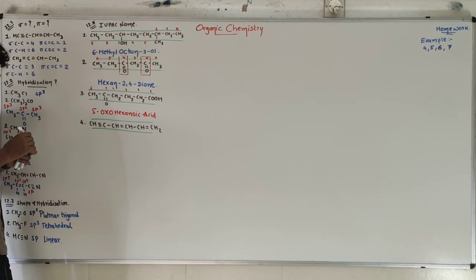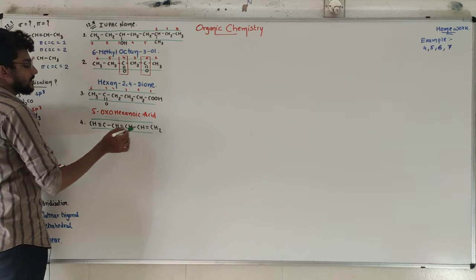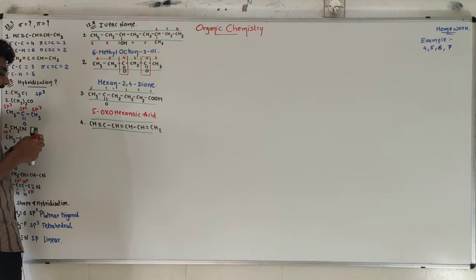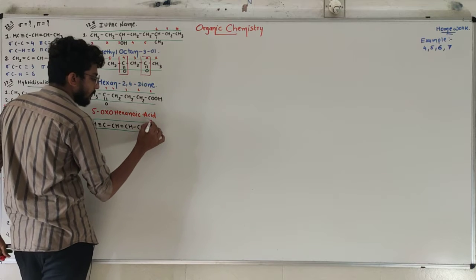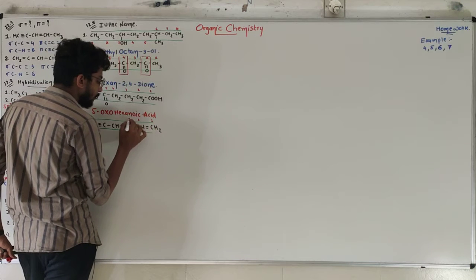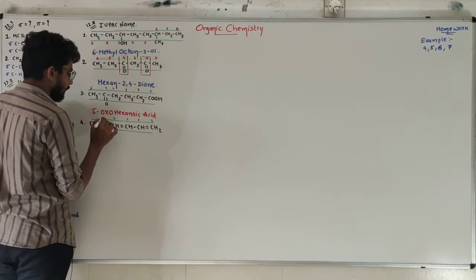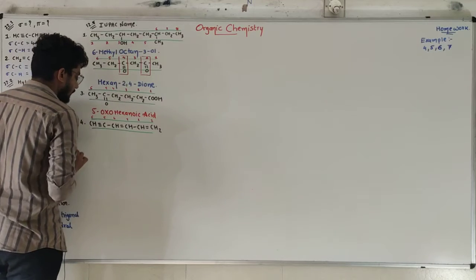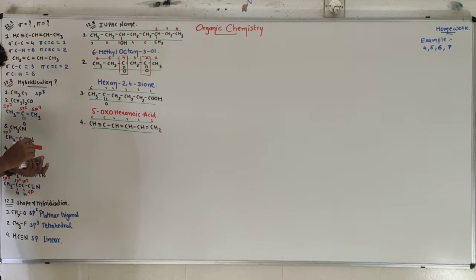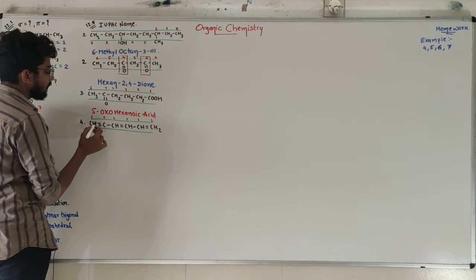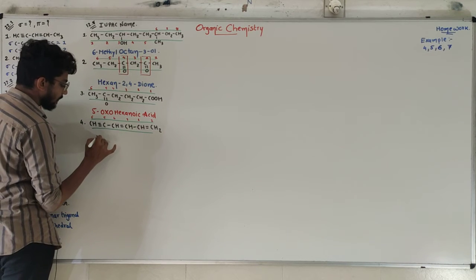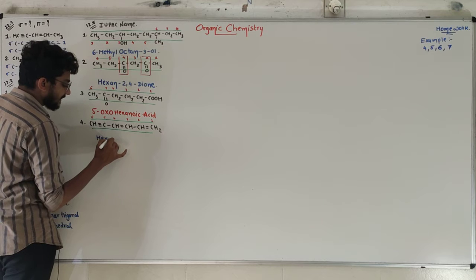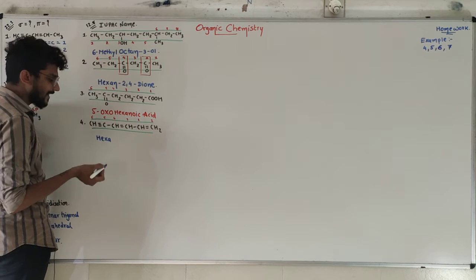Now numbering. Alkene is more reactive than alkyne. That's why alkene will gain the least number. That's why 1, 2, 3, 4, 5 and the 6th. 6 carbons are there and no prefix is available for alkyne or alkene. That's why hexa or hex, you can write both of them.